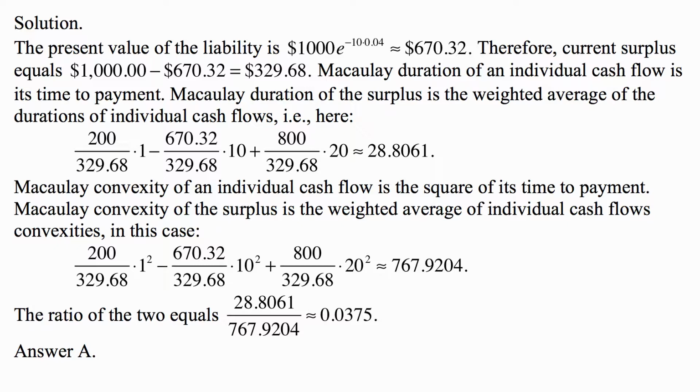The negative allocation is to the liabilities, negative 670.32. And as a fraction of the surplus, that's negative 670.32 over 329.68, the amount of the surplus.